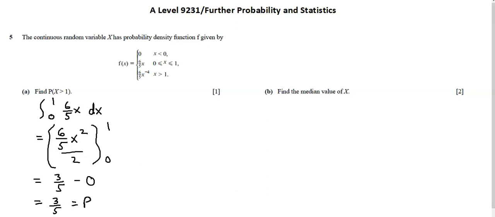Which equals the probability that x is less than 1. We want the probability that x is greater than 1. So in the calculation that I've set up, I'm working towards the probability that x is less than 1.